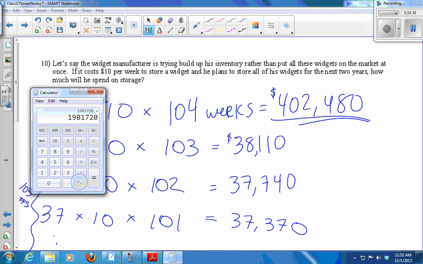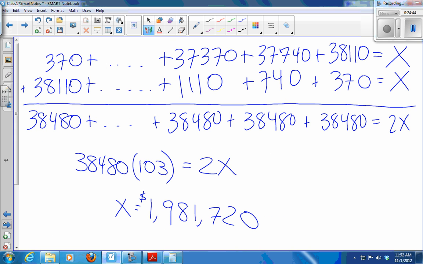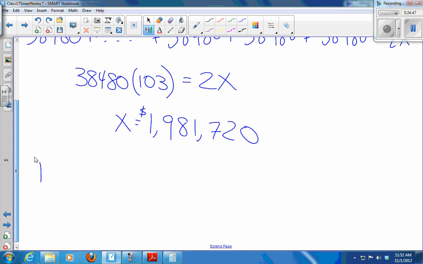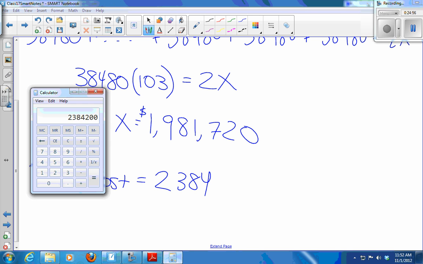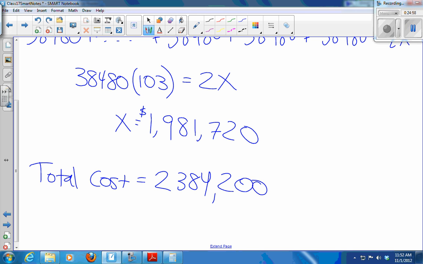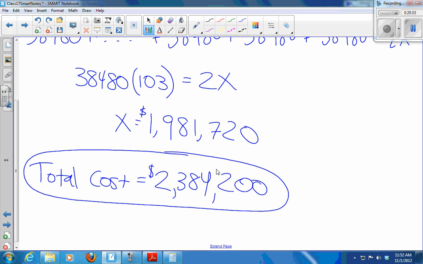So plus 402,480 is 2,384,200 total cost. So this is the cost to store the widgets we're producing.